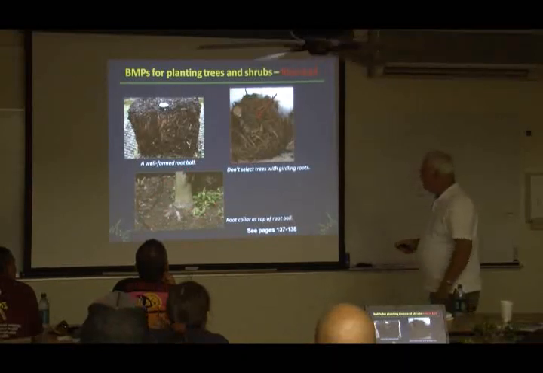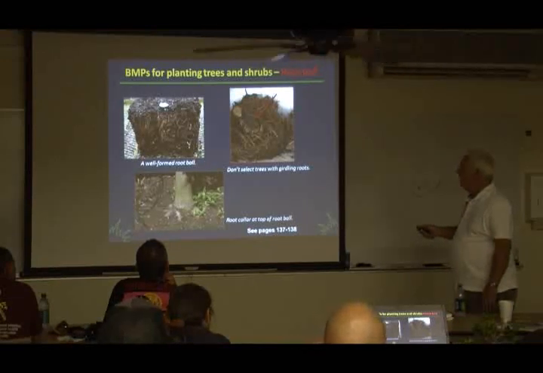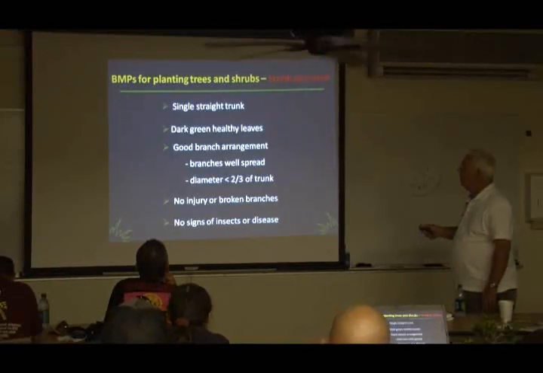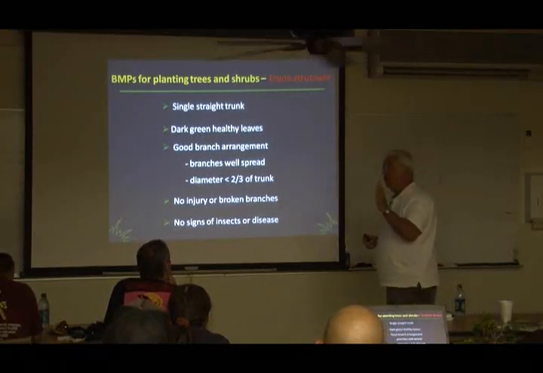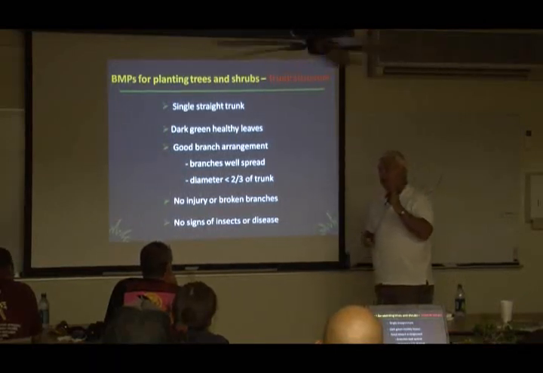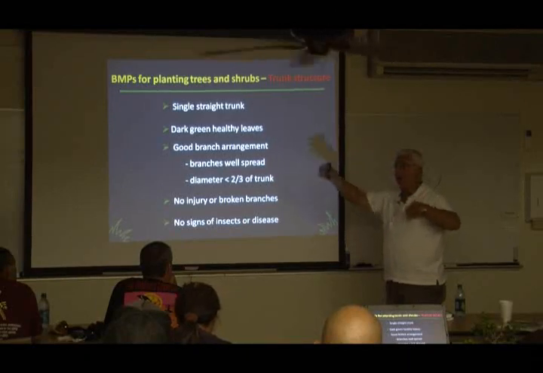So you should be able to see the root collar. The trunk structure is usually a single straight trunk, at least for a small tree. Now, many trees like monkey pods eventually will form 5 or 6 or 3 or 4 main trunks, right?